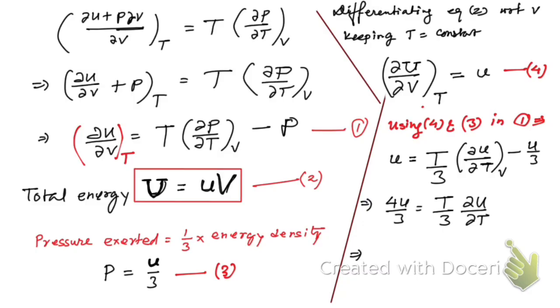Here, if we multiply both sides by 3 and separate the variables, del U by U is equal to 4 into del T by T. Integrating both sides, the integration of 1 by u del u is log of u, right?